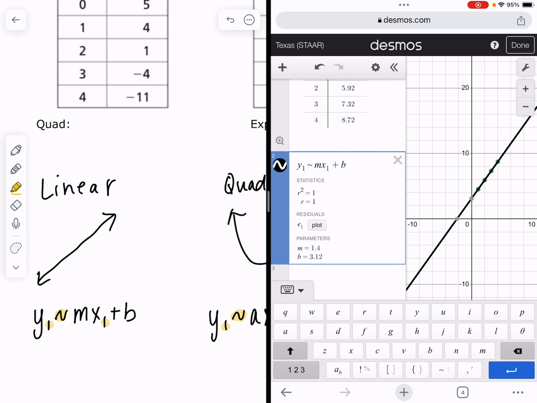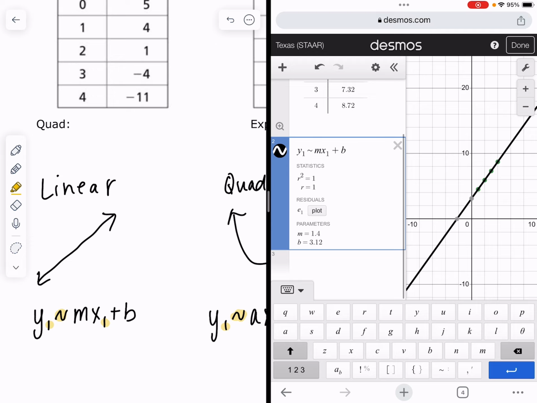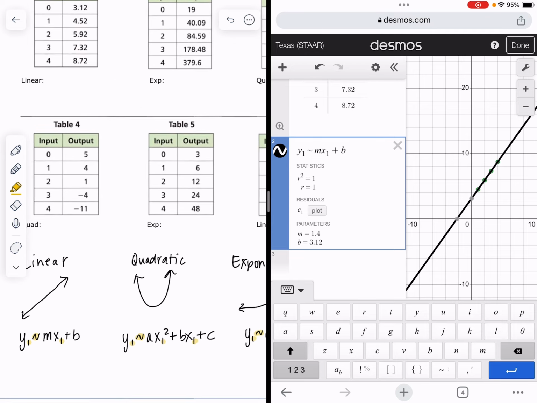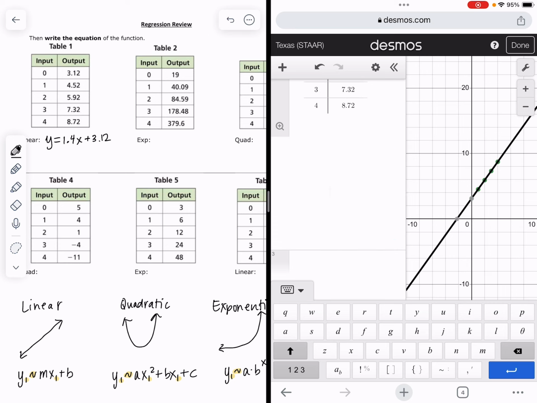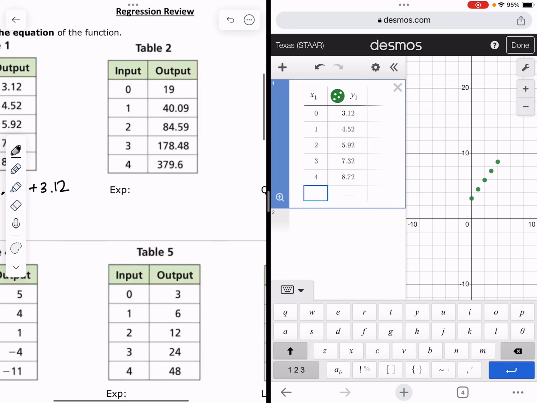If you scroll down to parameters, they're saying m is 1.4 and b is 3.12. So that means my equation is y equals 1.4x plus 3.12.